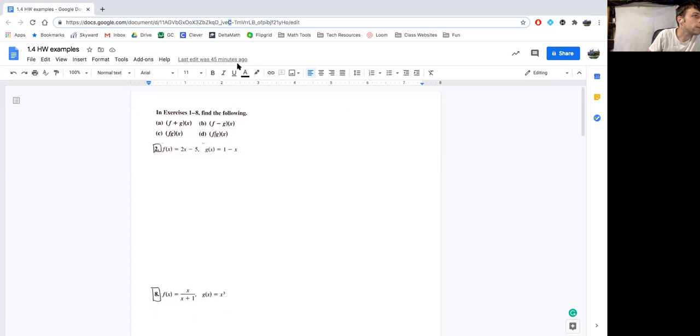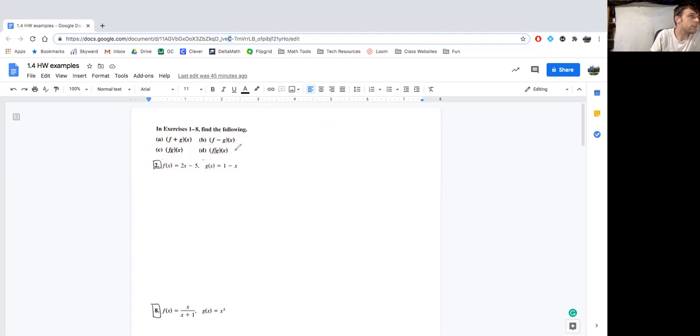So let's go ahead and go through these examples, and combine these functions in some different ways. First one, we have two functions here. I'll keep this one pretty simple. The first one that I'm going to do will be f plus g of x. So we're going to take f of x and add it to g of x.